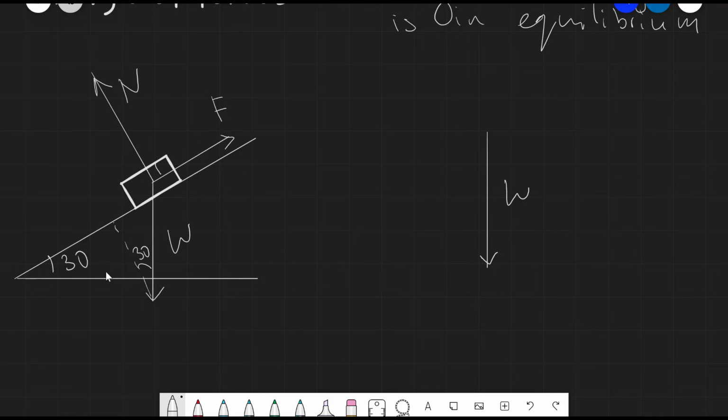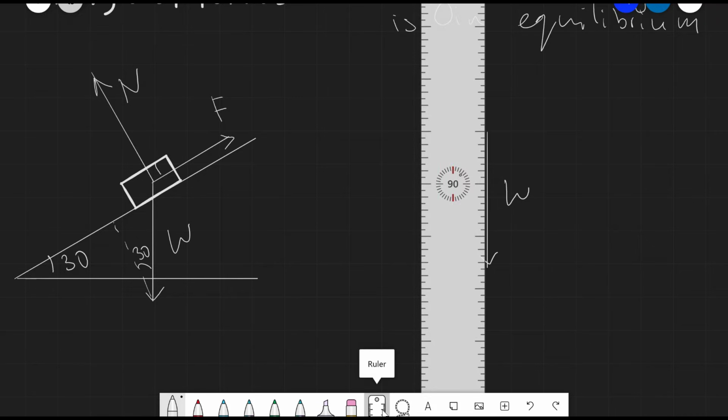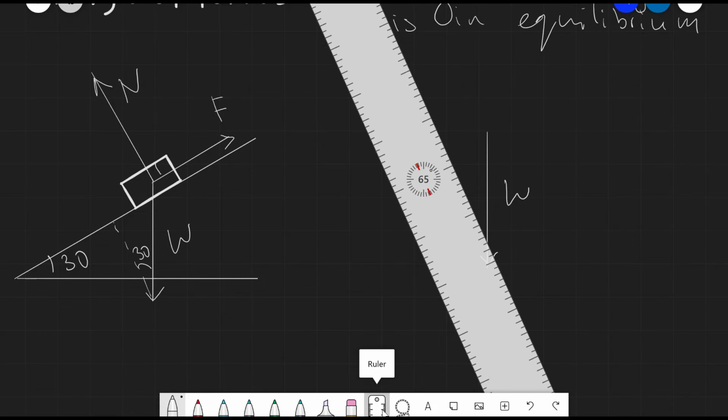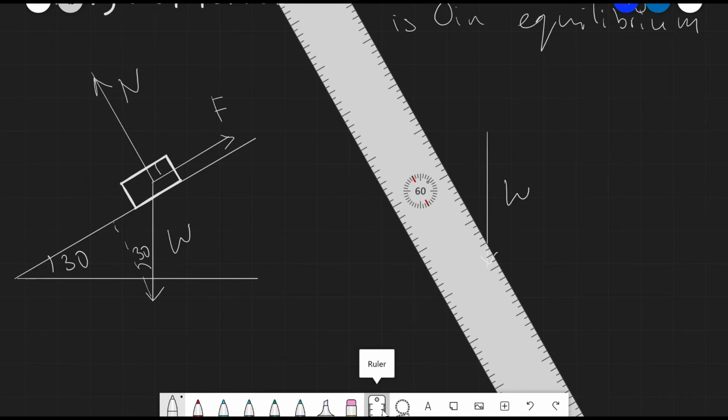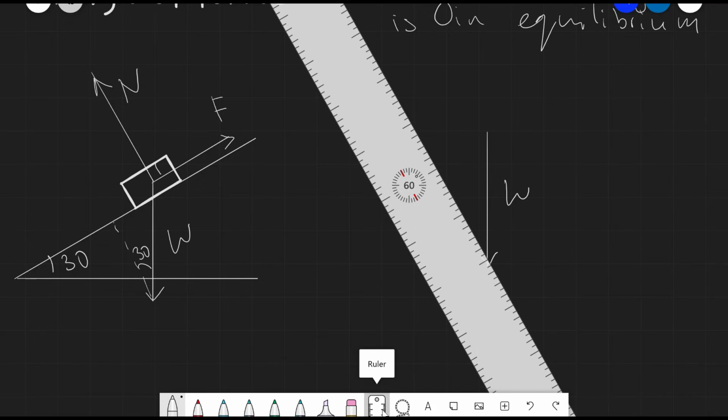It's kind of like the same triangle that we looked at before when we were resolving forces on a slope. So if we're at 90 degrees here, let's go down 30 degrees and we'll be able to draw our normal force, which will be along here. Let's draw it just a little bit shorter.